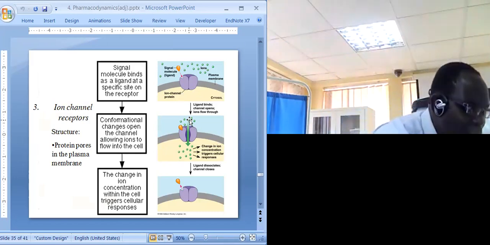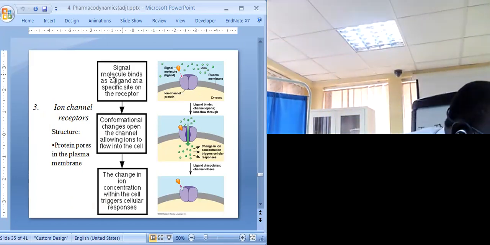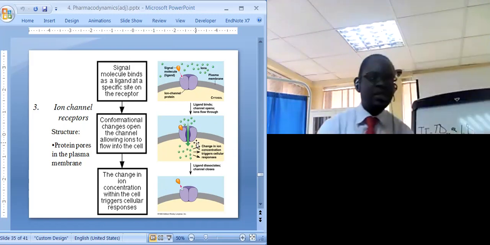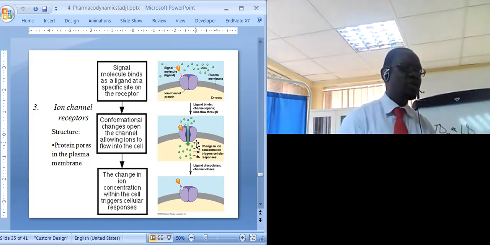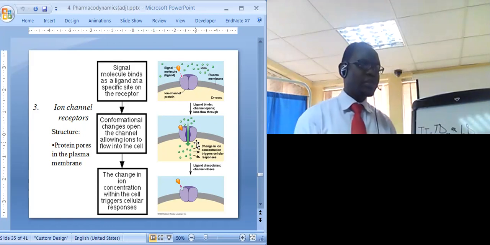The signal molecule binds as a ligand at the specific site, and the transformational changes open the channel, allowing the flow of ions into the cell. The change in concentration within the cell then brings about cellular responses. So those are what we call the ion-gated or ion channel receptors.